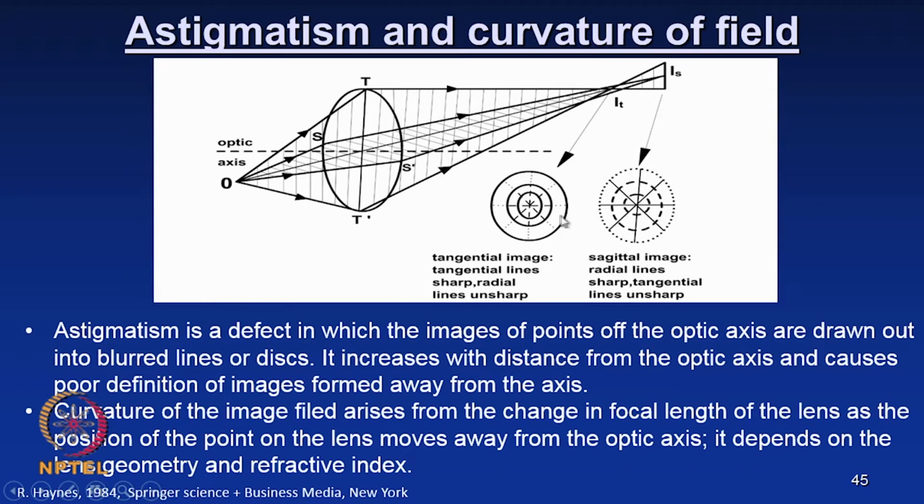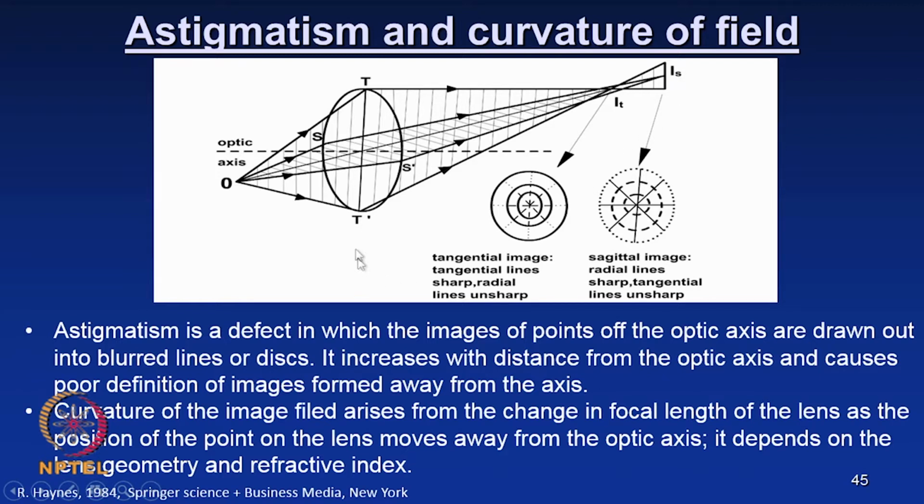So, let us now come back to this schematic again. So, you have the line passing through this T prime forming an image IT, that is a tangential image, and then the rays which are passing through S prime plane form an image IS.